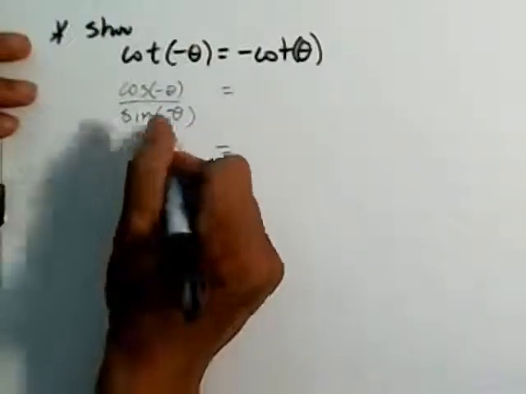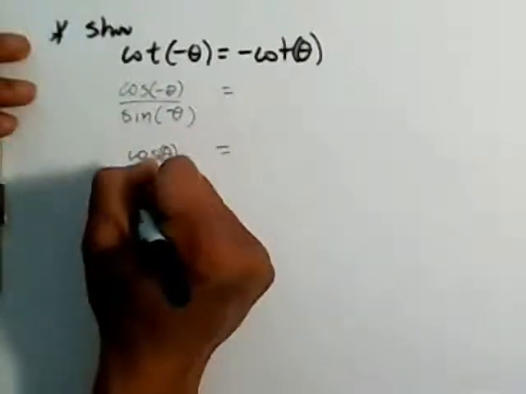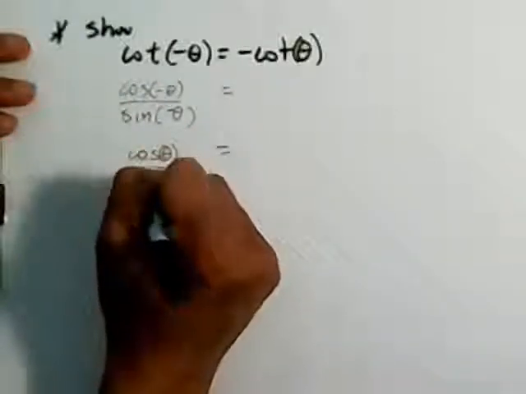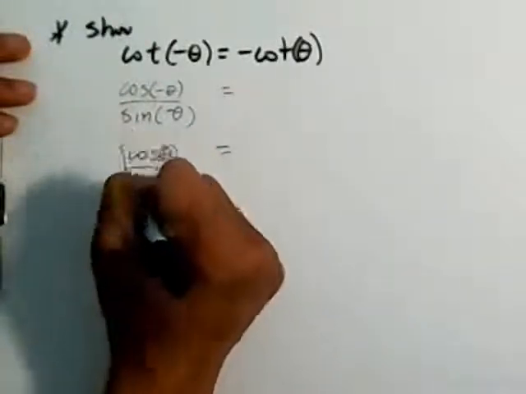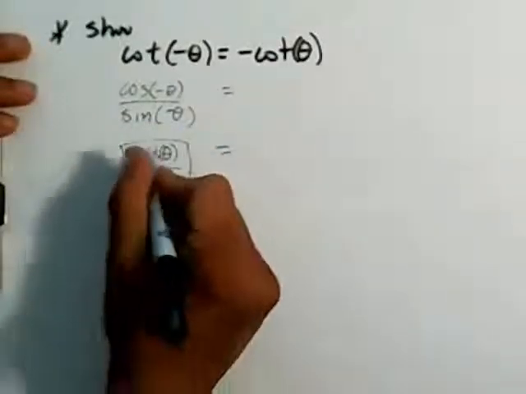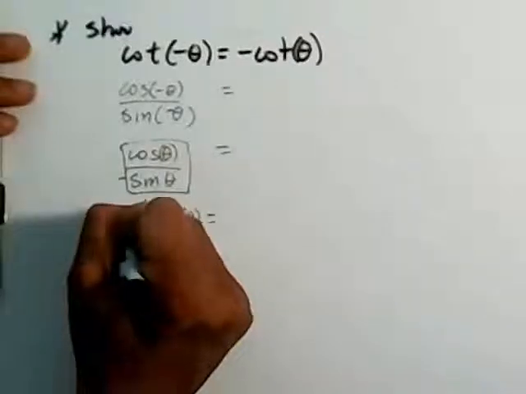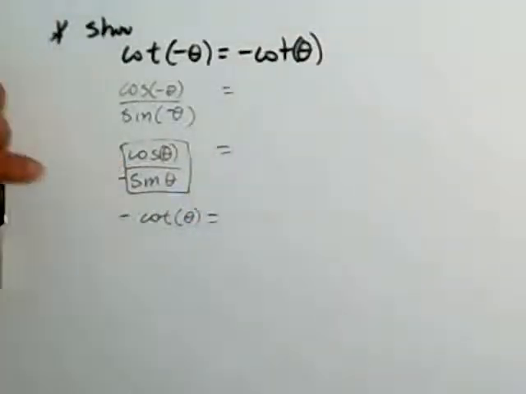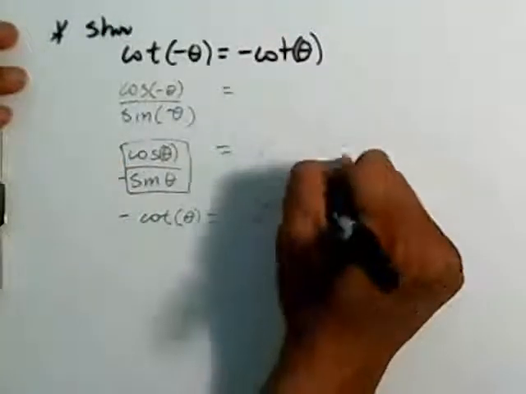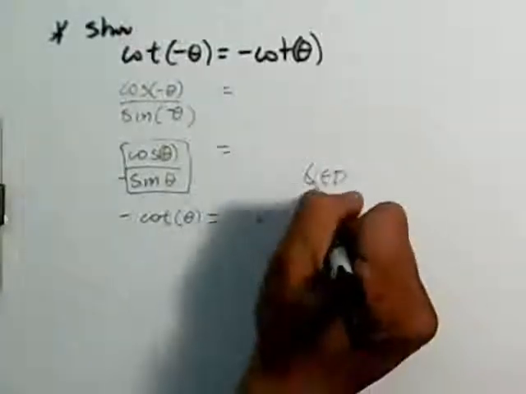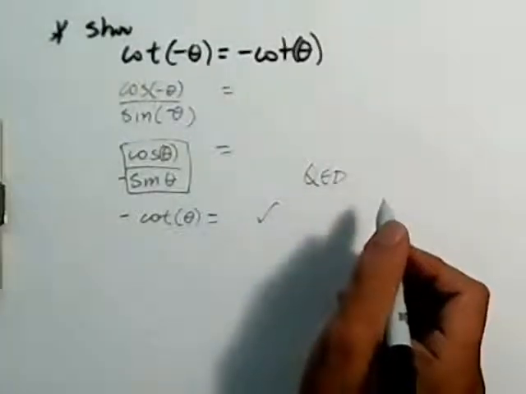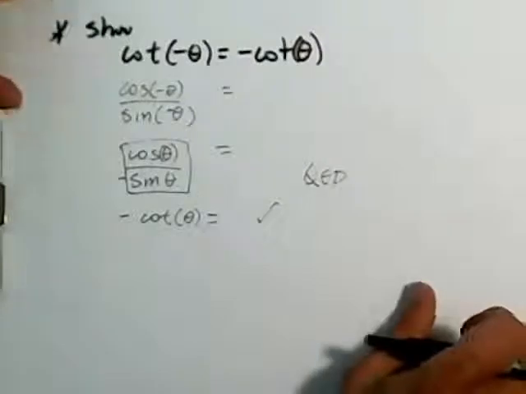We know that sine is an odd function, so the negative comes out, becoming negative sine of theta. From this portion, cosine over sine is the cotangent of that angle, and the negative comes out to the front. Wow, we checked it. QED, quod erat demonstrandum, and thus we have demonstrated.